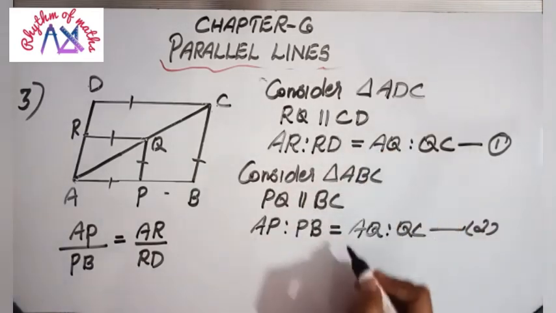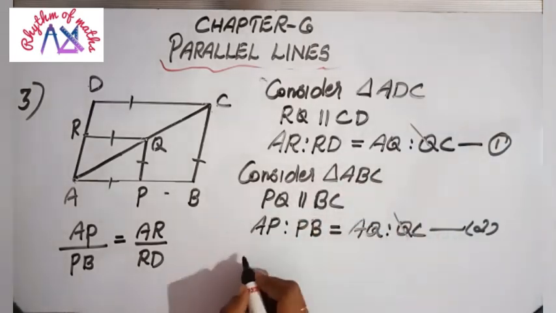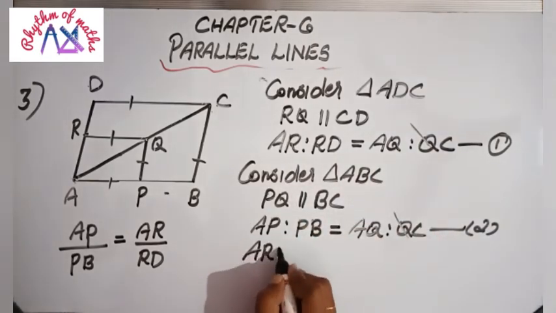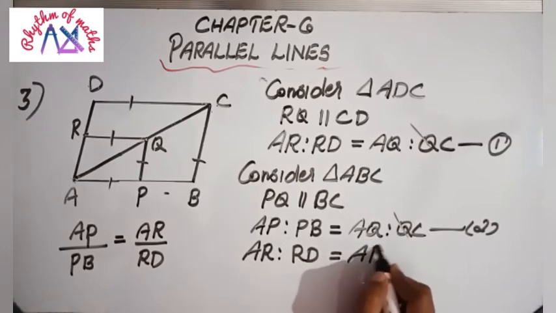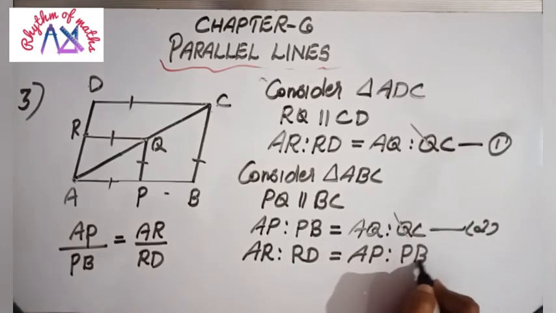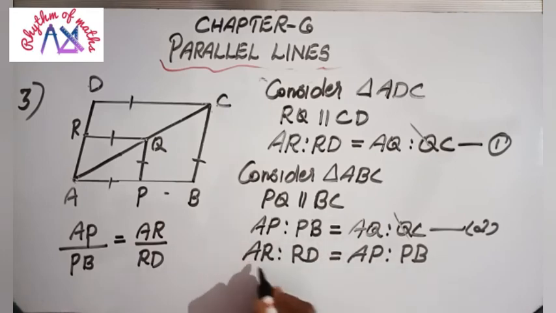So in these two equations AQ and QC is there, that we can cancel. So remaining is what? AR is to RD equals AP is to PB. This is the ratio. Now we have to write it in fraction form. So AR is to RD, when you write in fraction form, we will get AR by RD.